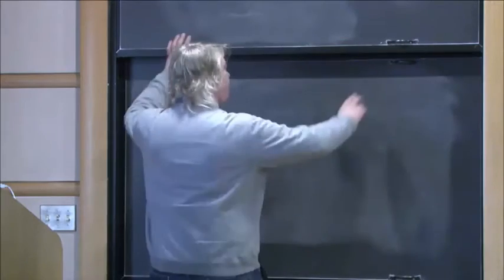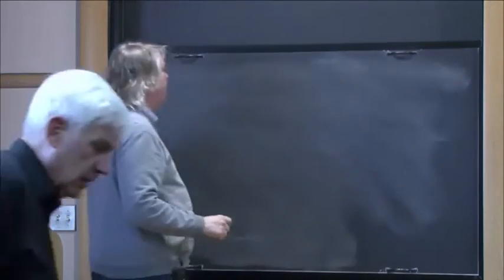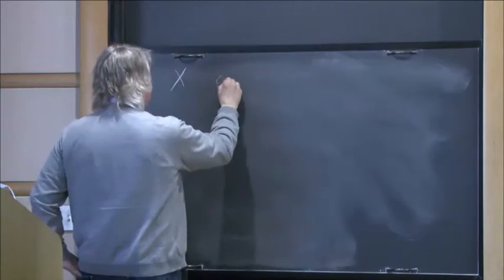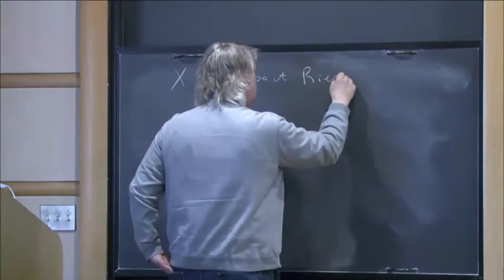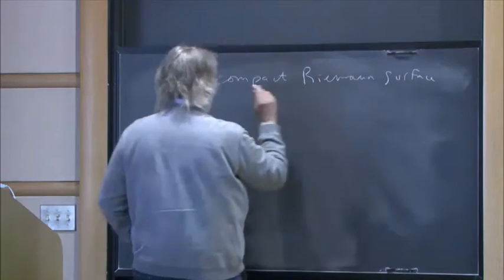Okay, so I'd like to talk about the character variety. Let X be a compact Riemann surface, or something else similar.